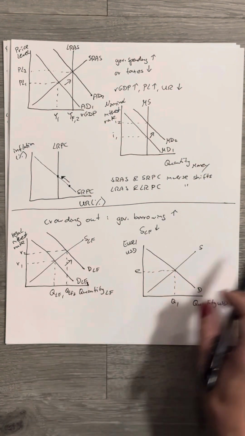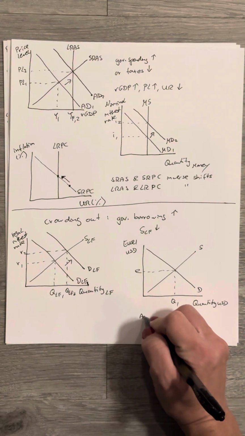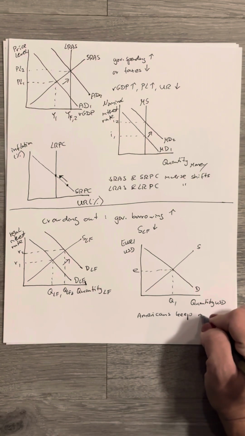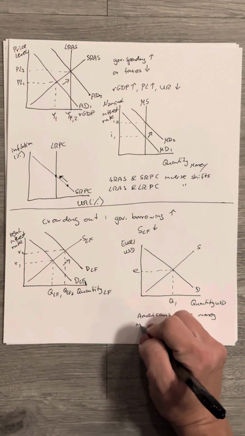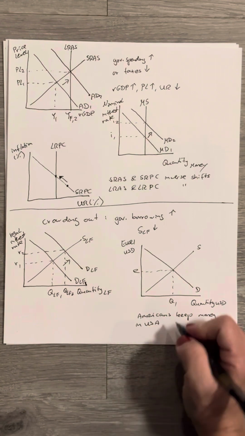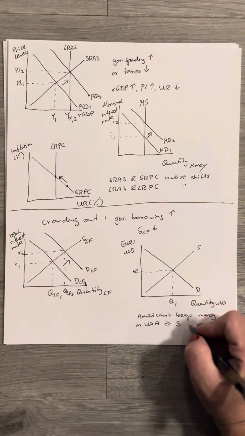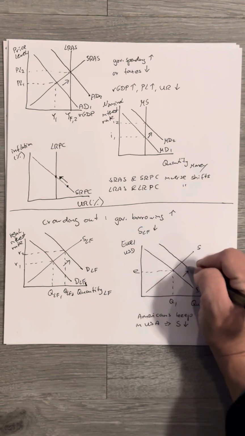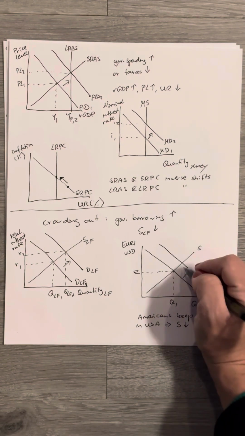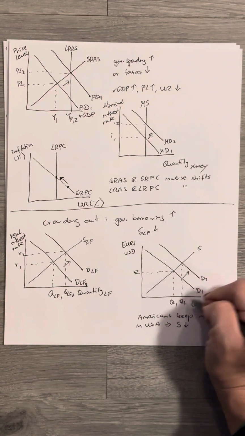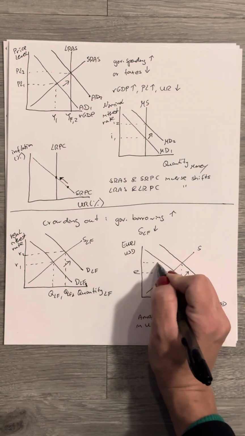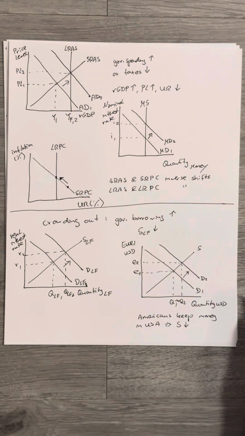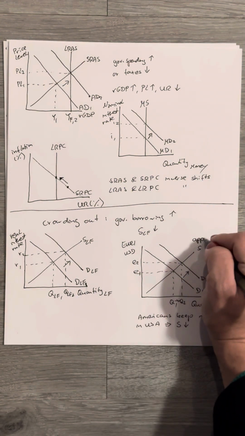Higher interest rate means Americans keep money in the US, so supply would go down. Or the demand goes up because foreigners now want to invest their money here. They want to earn the higher interest rates. And therefore, as we can see, the US dollar has appreciated. So, appreciated.